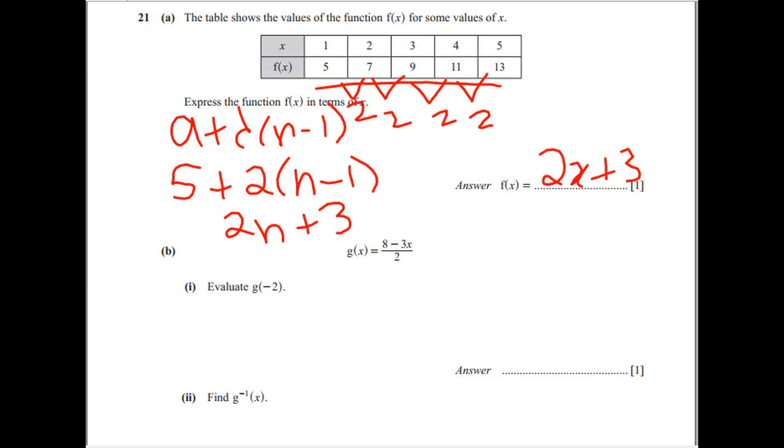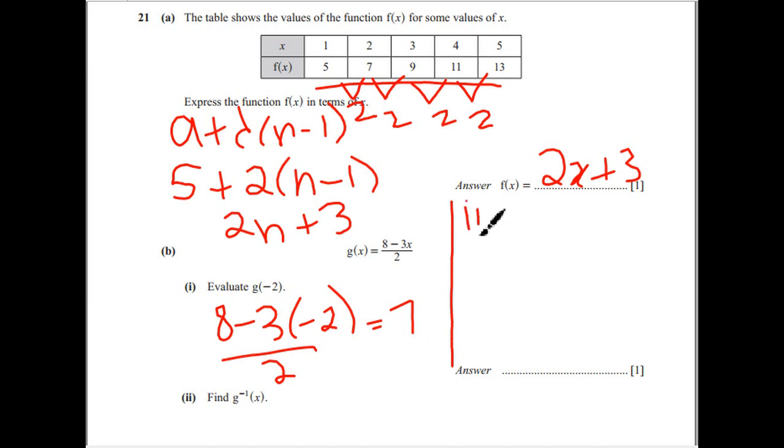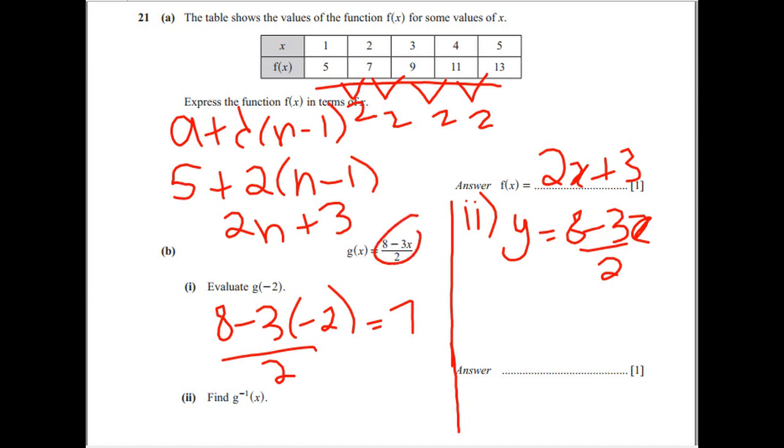Part 2, evaluate g of minus 1. So instead of x, write minus 1, instead of x, write minus 1, over 2. This will give us 7. For part 3, you have to do a couple of steps to find the inverse of g(x). First, write y is equal to (8 minus 3x) over 2. Then make x the subject.